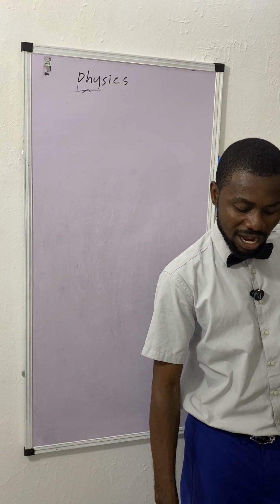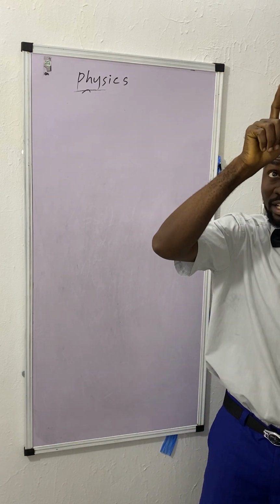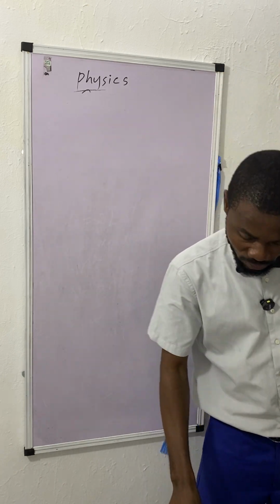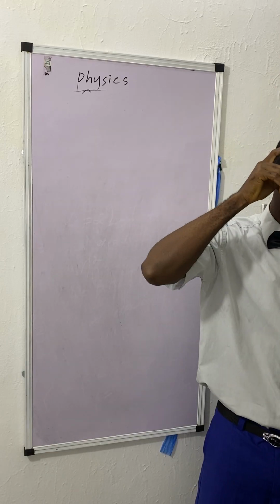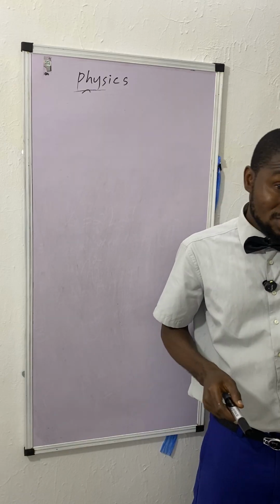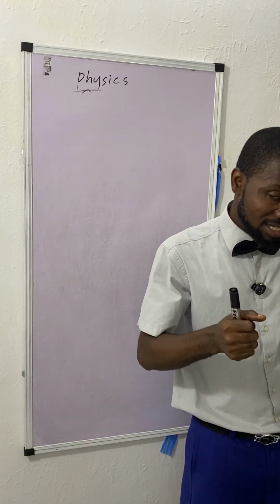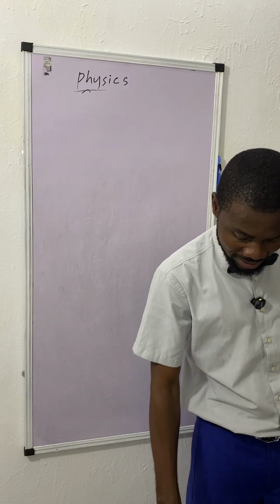Then we have cloud, which is water droplets that look like smoke when you see them from here. When you go close, those are not really tiny, they are big water droplets, just suspended in the atmosphere as cloud.